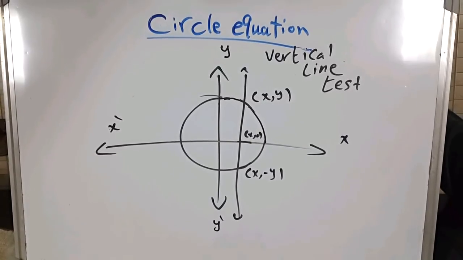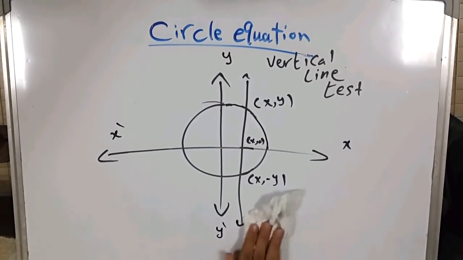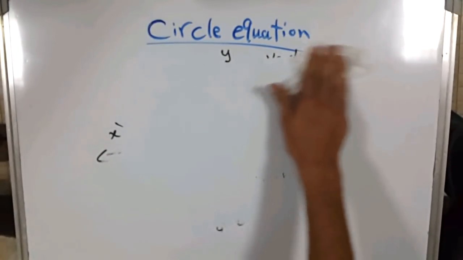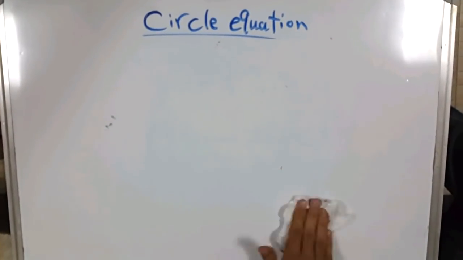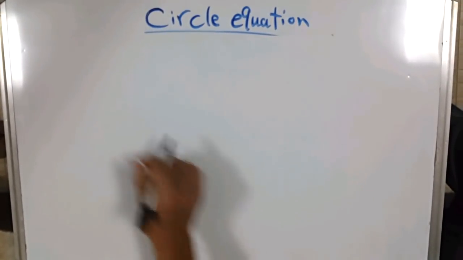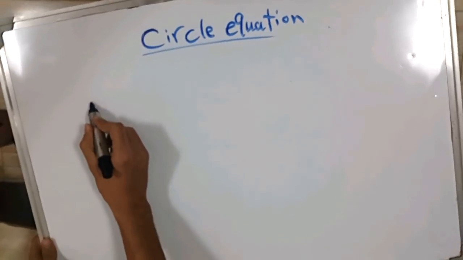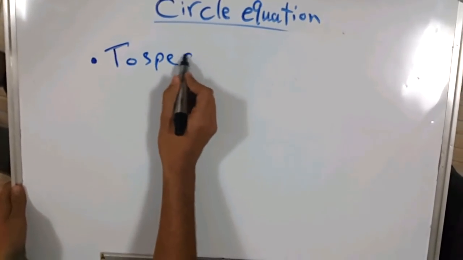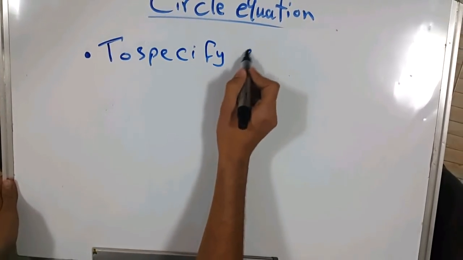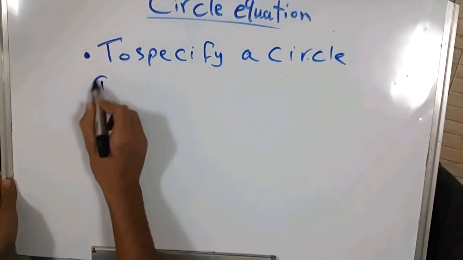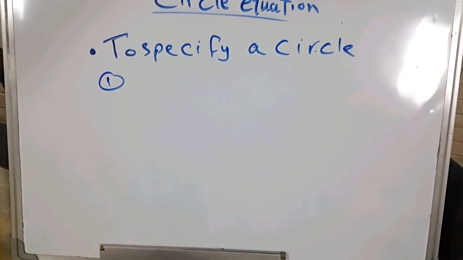And we will now move to the second part of the circle, an important part about how to solve any circle equation problem. First, there are two important things to specify a circle. Number one, the center of the circle.